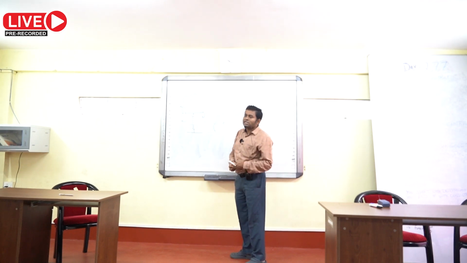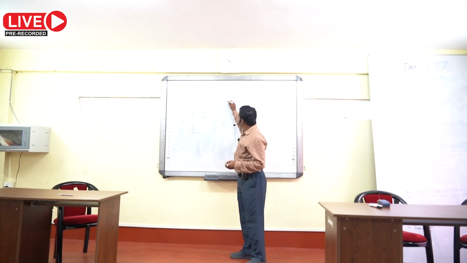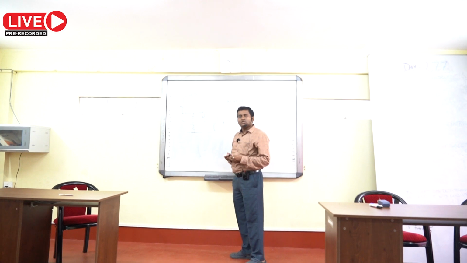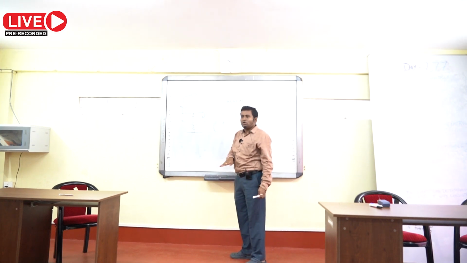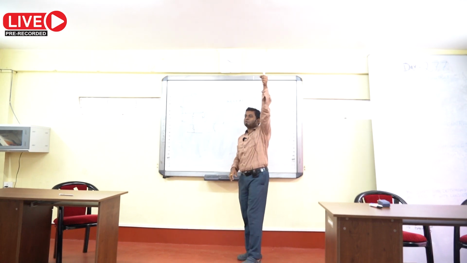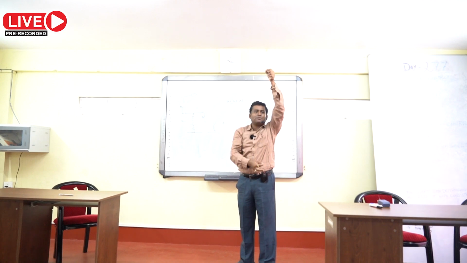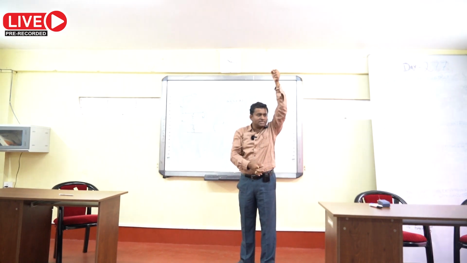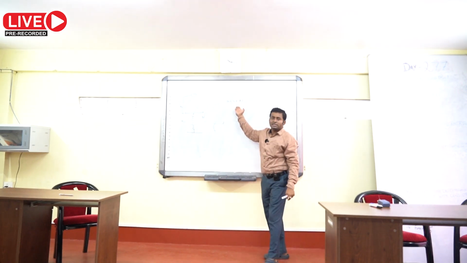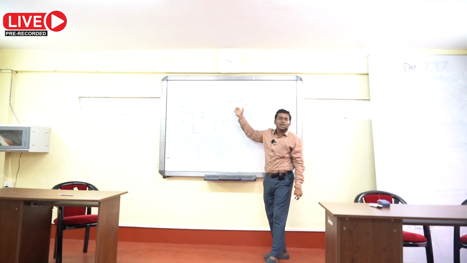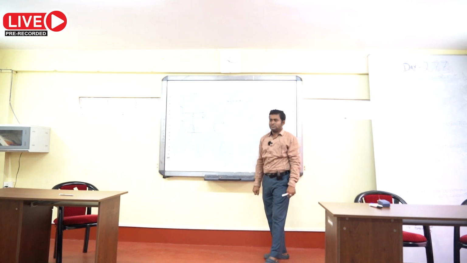So what is the loss in gravitational potential energy? This is the loss in gravitational potential energy because it is coming down. So in the upward position gravitational potential energy is more. Now as it is coming down gravitational potential energy is decreased. So this is the decrease in gravitational potential energy.